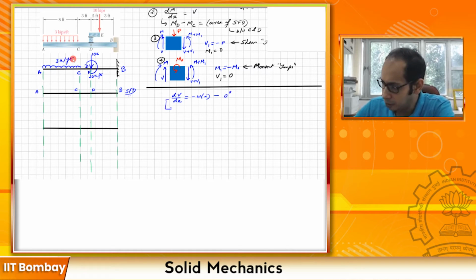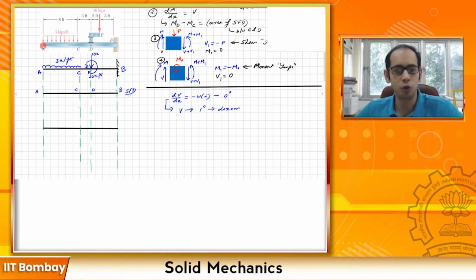That tells me that from A to C my V will be degree 1, so it will be a linear line. Also, intuitively I can tell that since it is a cantilever, here is a free end and there is no point load or concentrated moment at this point, so my shear force will be 0. I am starting from 0 over here, then I will have a linear line.